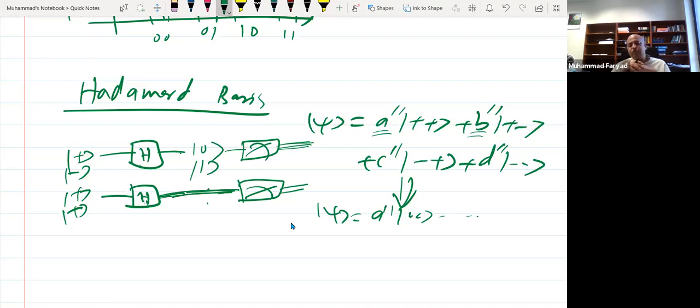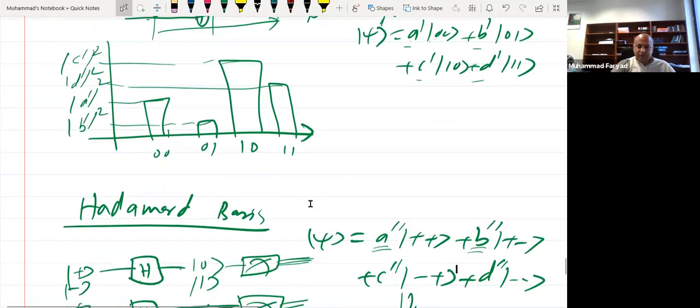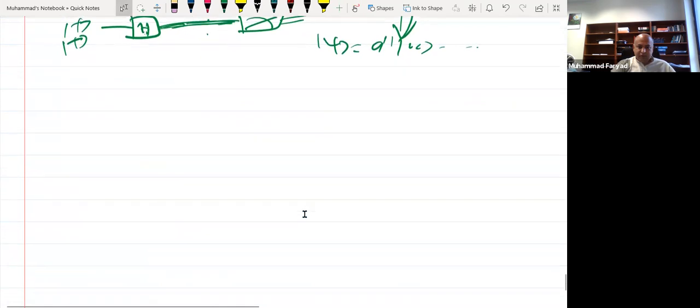But when we talk about quantum computing, most of the time we would be working in computational basis and not changing the basis. Okay, so any question?